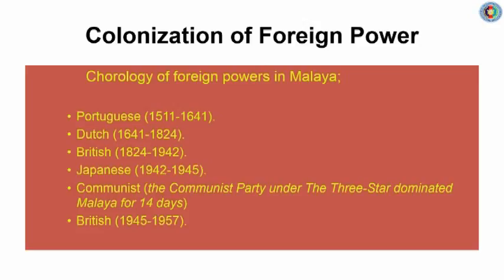Failure to provide good trade service, especially in the port. Rampant corruption in the administration. There was no coordination between the Kingdoms of the Malay states, which created rivalry among them.